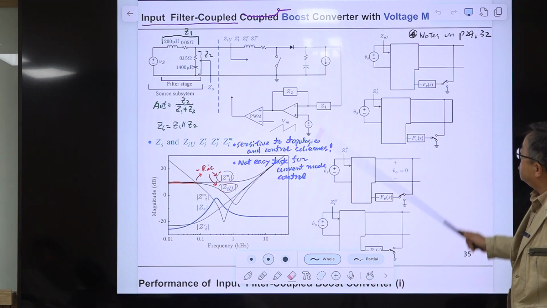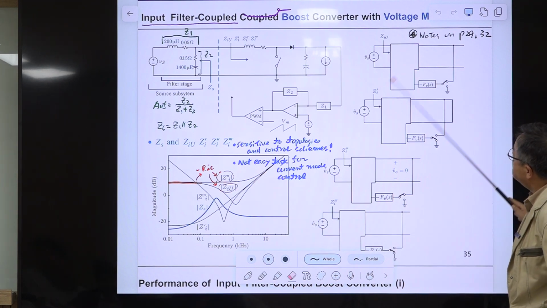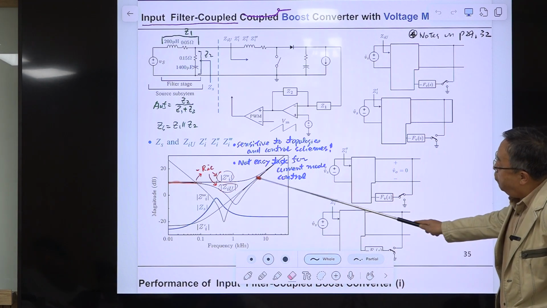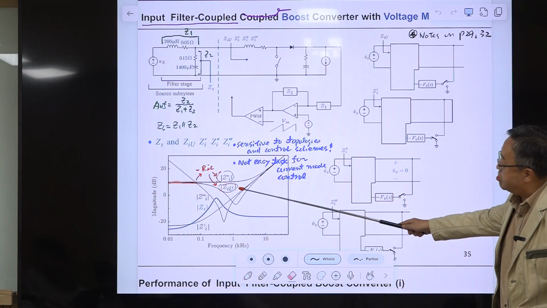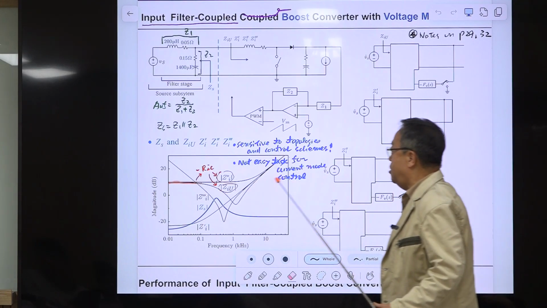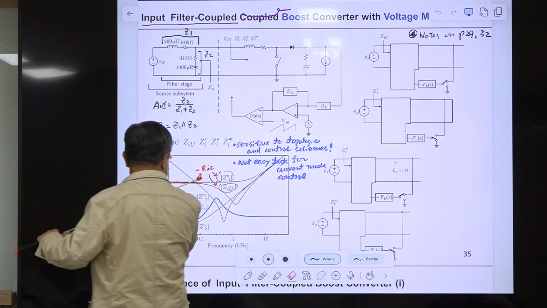Okay, so this is the definition of the 4 different input impedances. This is the typical shape of these 4 input impedances.